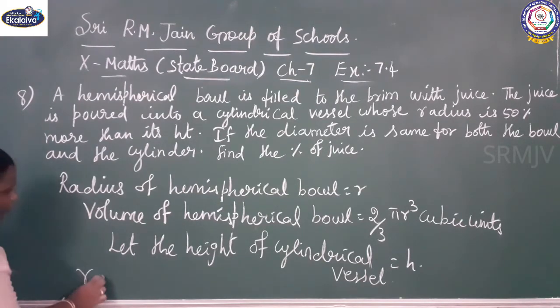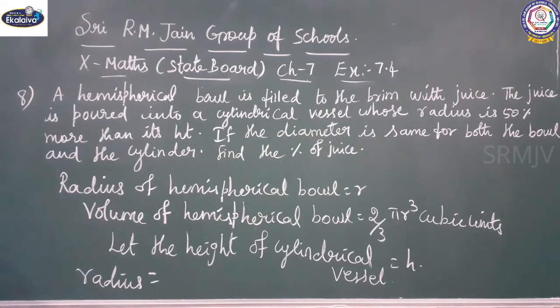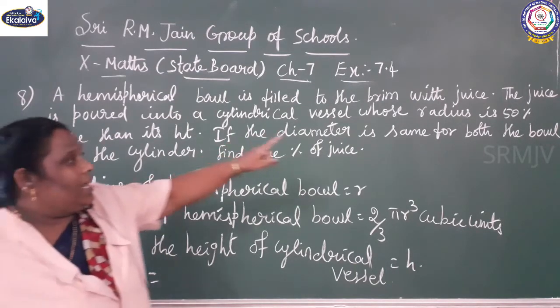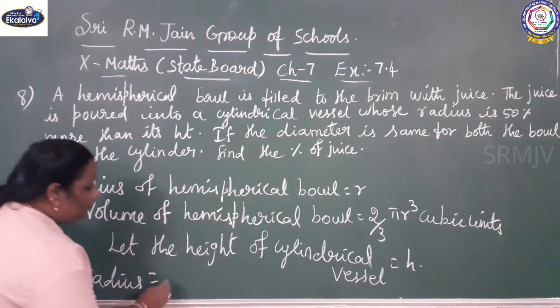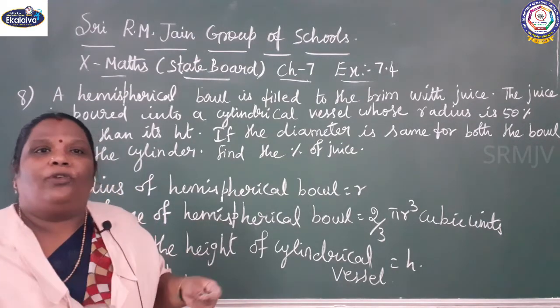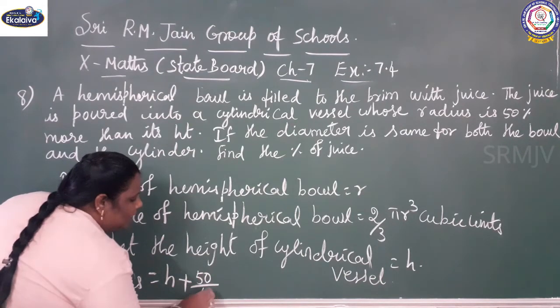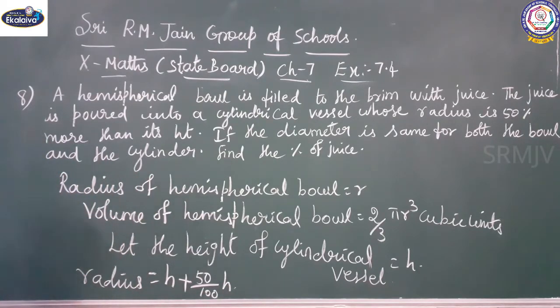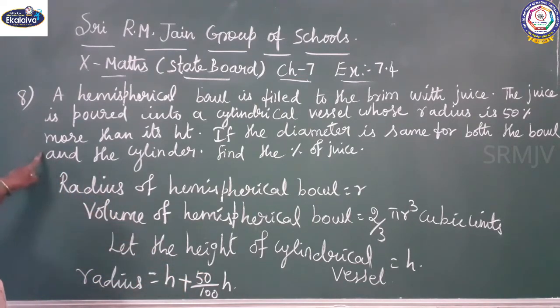Radius of the cylindrical vessel is nothing but what? Radius is 50% more than its height. Plus percentage more means you can put a symbol for addition. So radius is 50% more than its height.